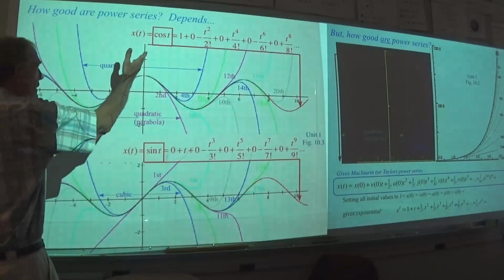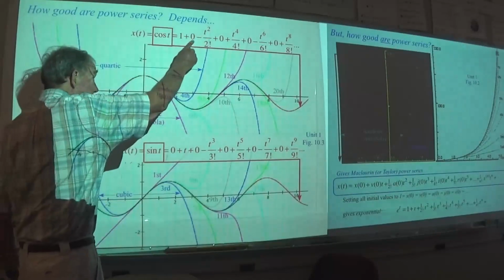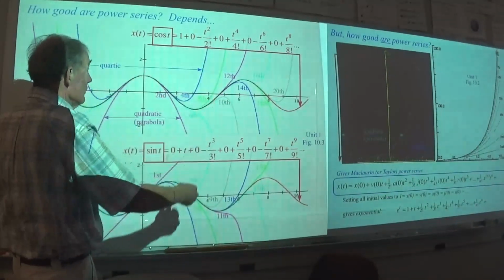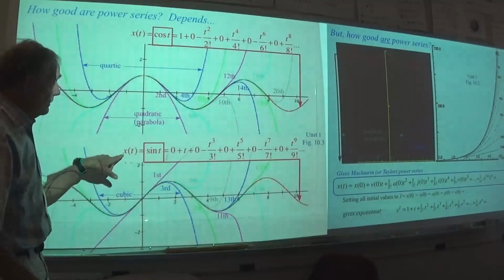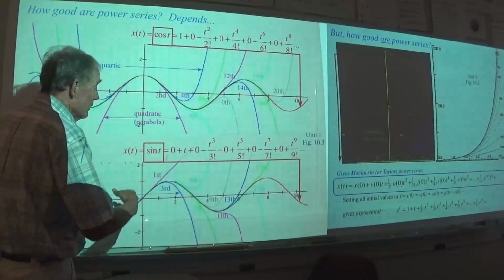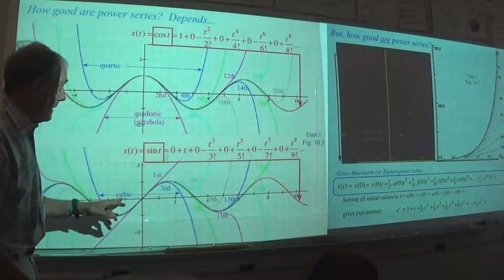Let's do the cosine. The cosine turns out to not have any odd powers, because cosine is a nice even function. And by the same token, the sine is an odd function, that is, it changes sign as I reflect through the origin.